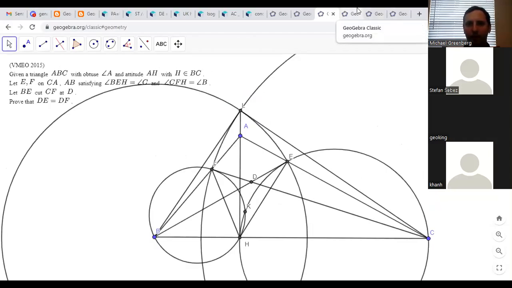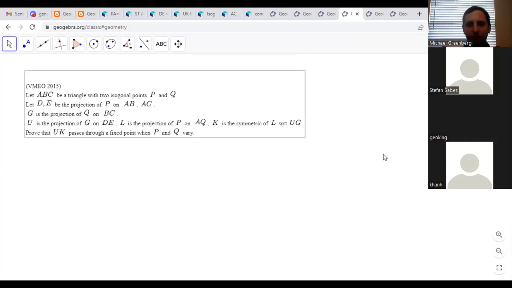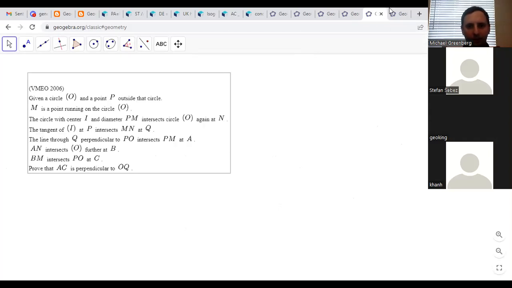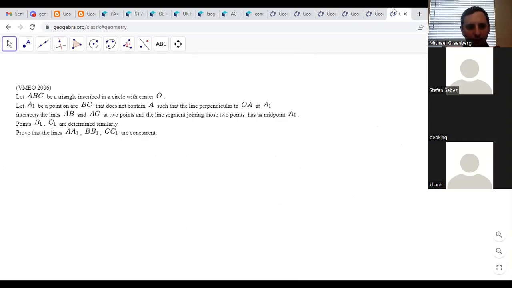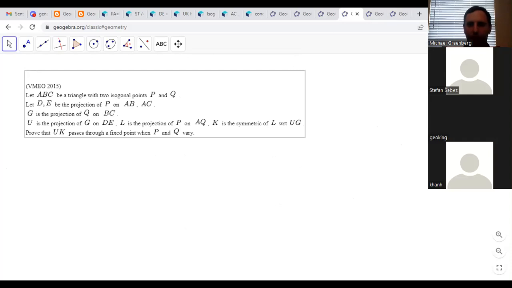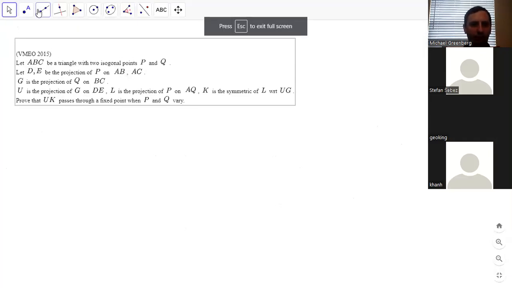All right. Oh, this is a fixed point type problem. Let me see. I think there was another. All right, I'll try this one. It's isogonal conjugates.